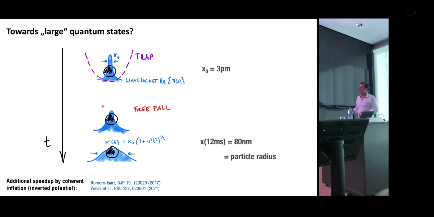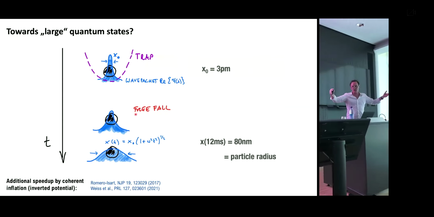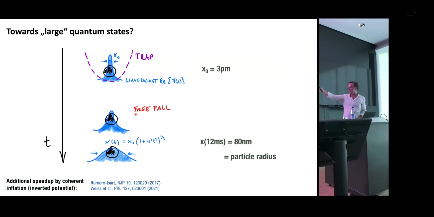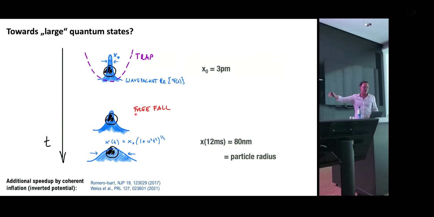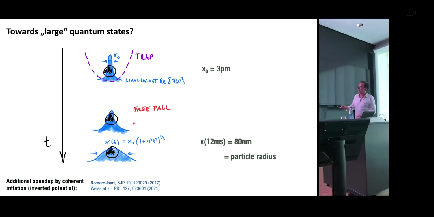And then only on a short time scale, just by pure dispersion of the wave packet, we already get a much larger delocalization. In that case, within 10 milliseconds, we already gain a factor of 10 to the 4 in delocalization. You could even, instead of just switching off the trap, switch on an inverted potential, so you can speed up the whole process and so on.